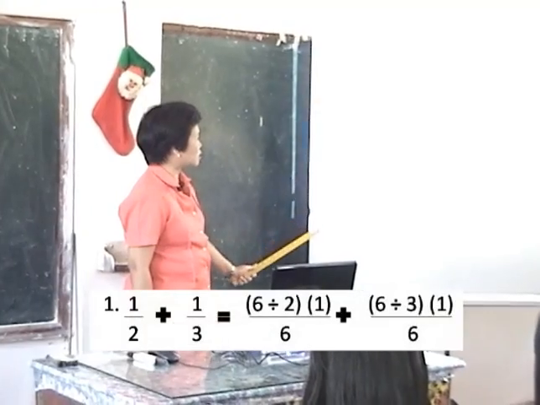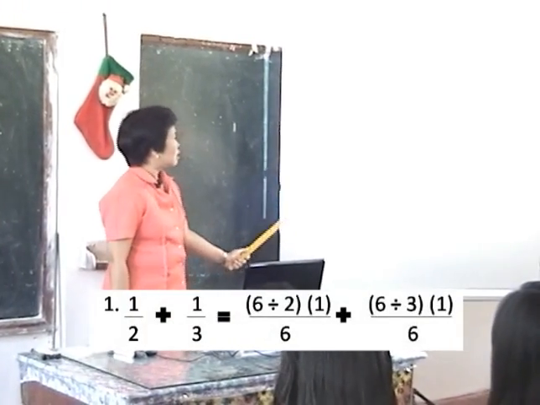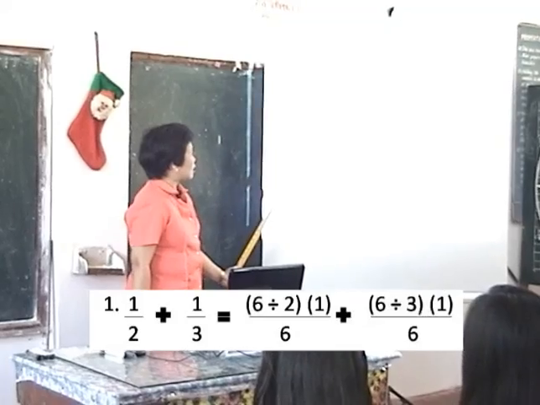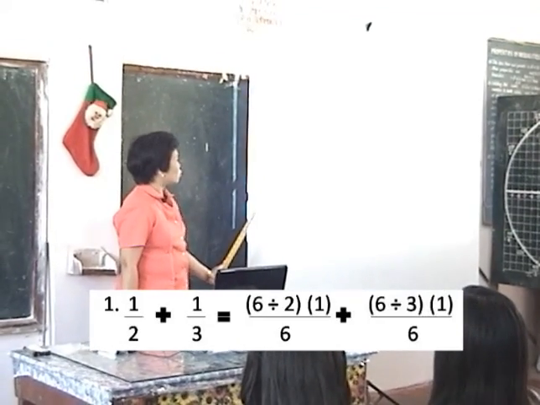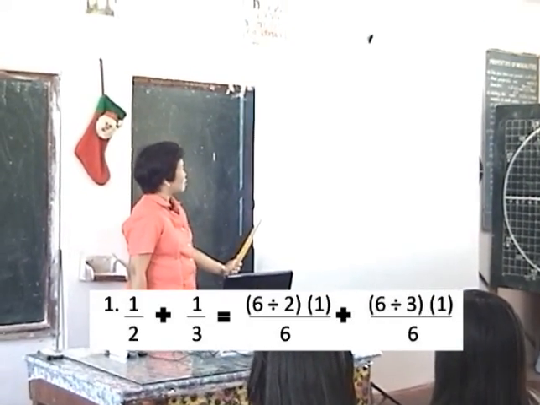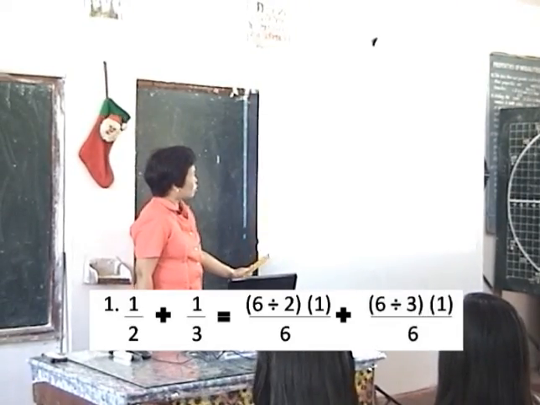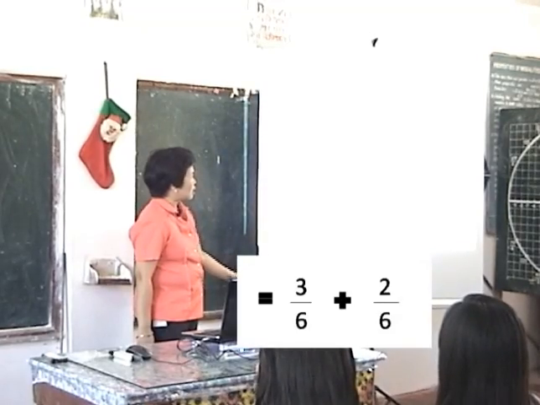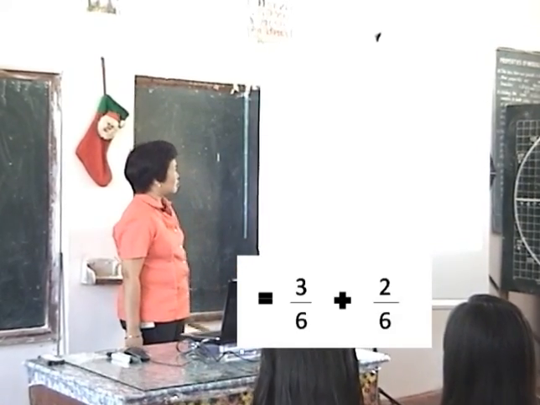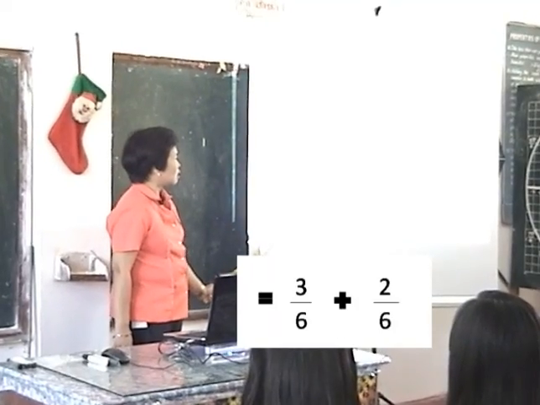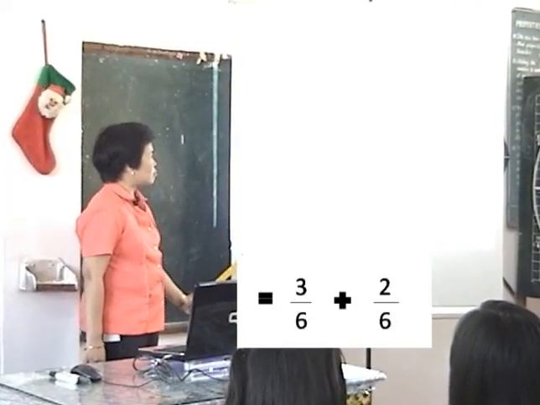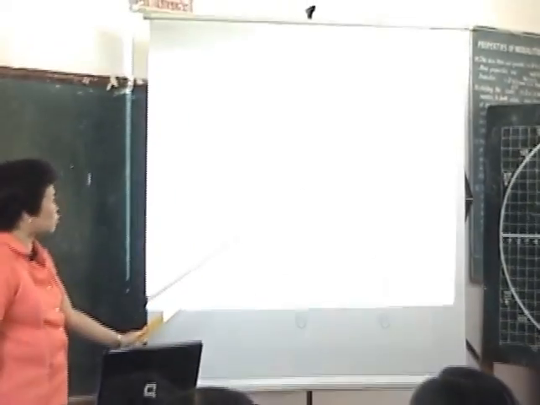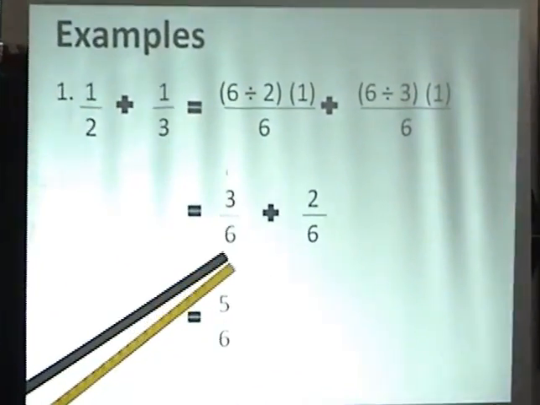This now becomes 3/6. 6 divided by 3 is 2 times 1 is 2. So, this now becomes 2/6. We can now add the two fractions because they are now of the same denominator. So, 3 plus 2 is 5. And just copy the denominator 6. So, we have 5/6.